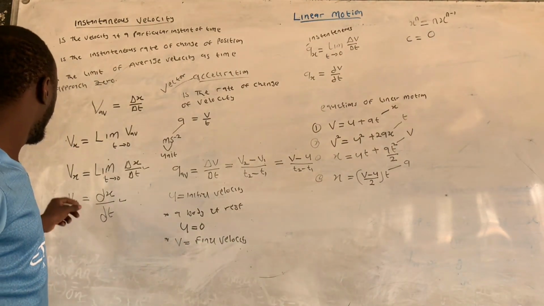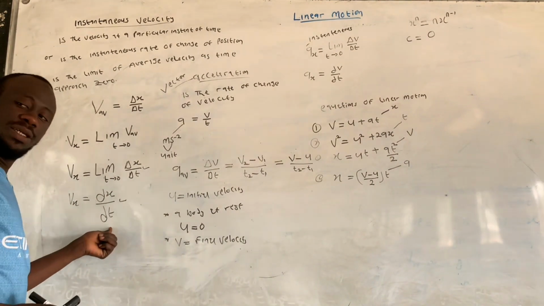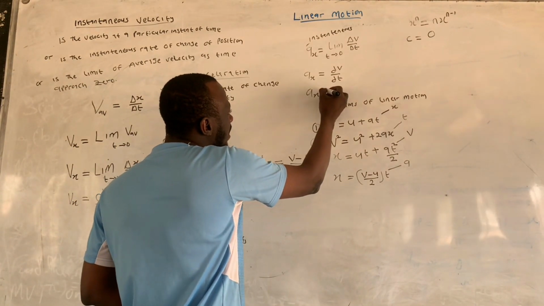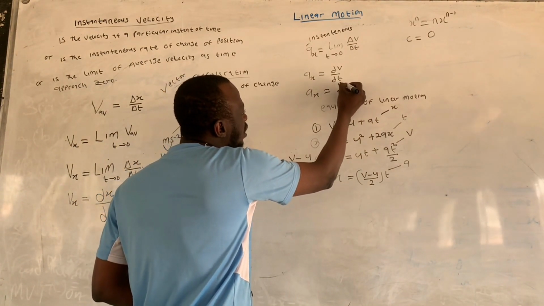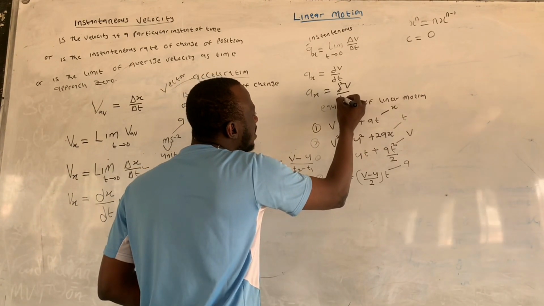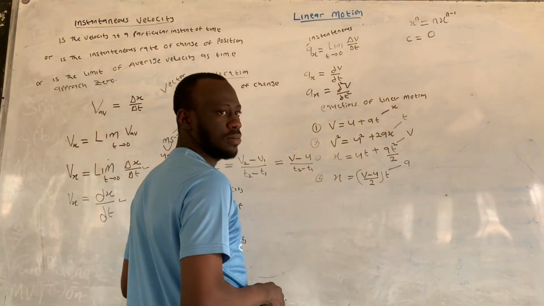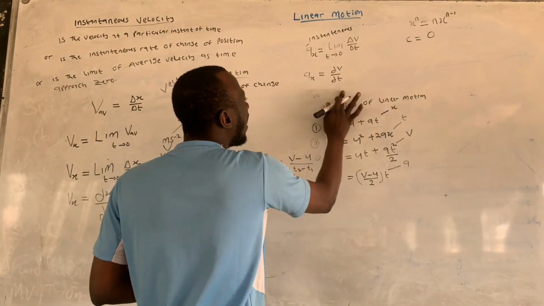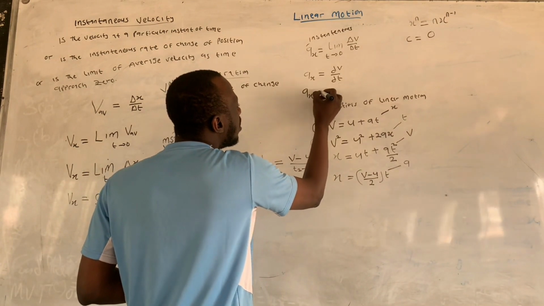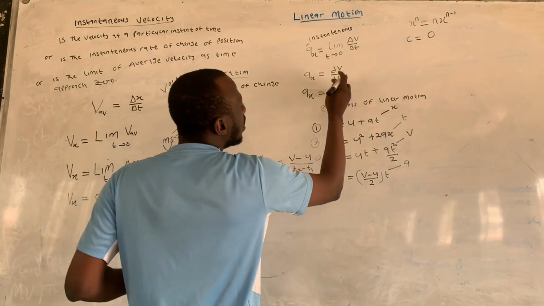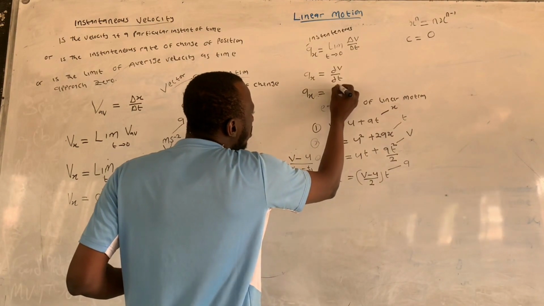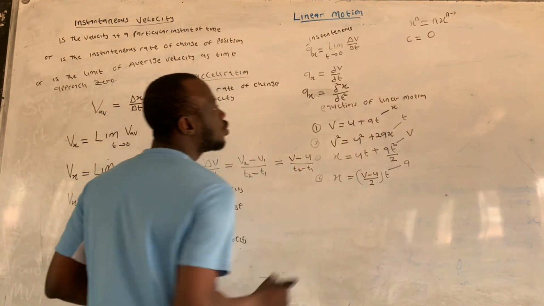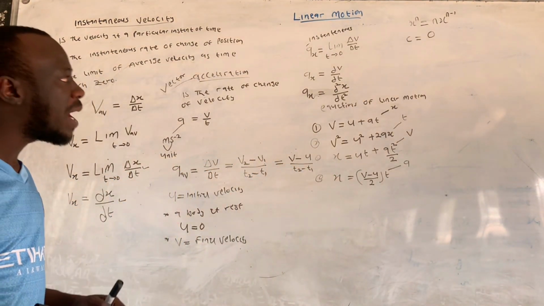If Vx is dx over dt, then ax is d squared x over dt squared.